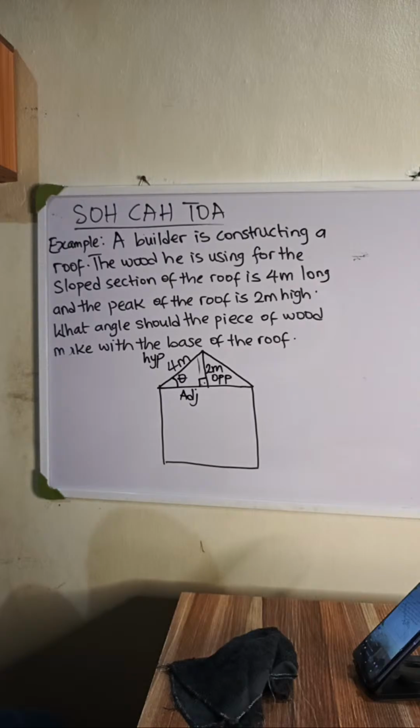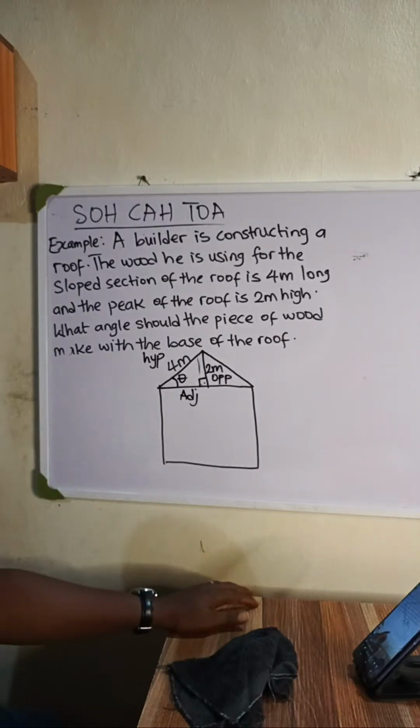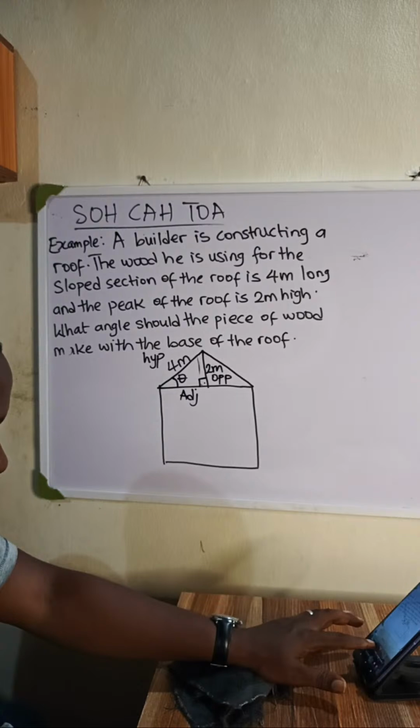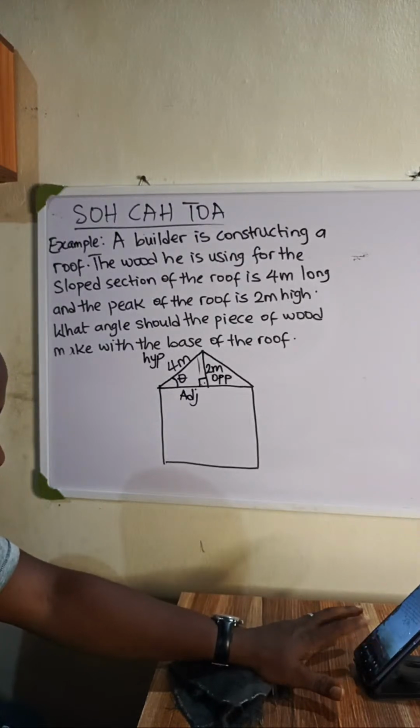So we have identified the hypotenuse, the opposite, and the adjacent. Between SOH, CAH, and TOA, what are we going to use? Somebody said SOH.